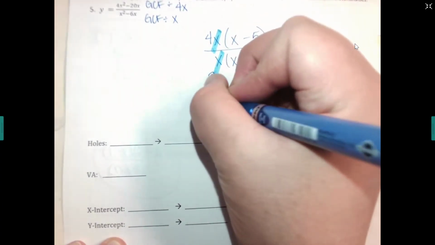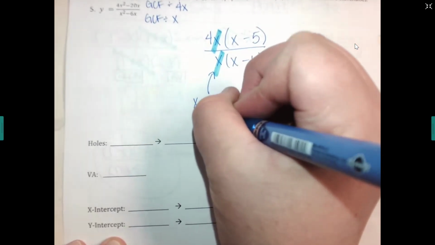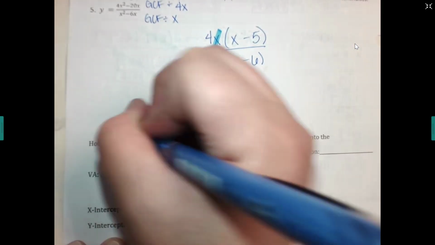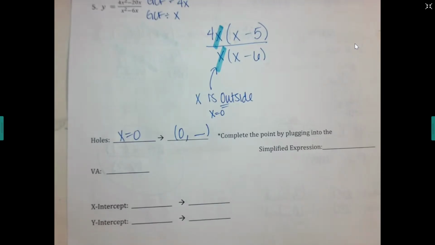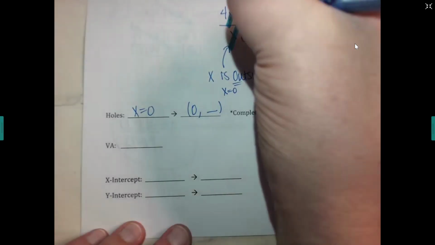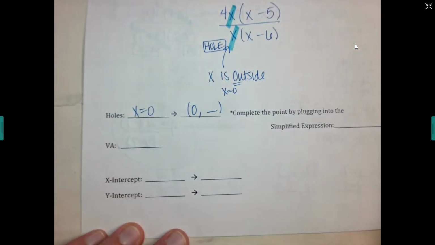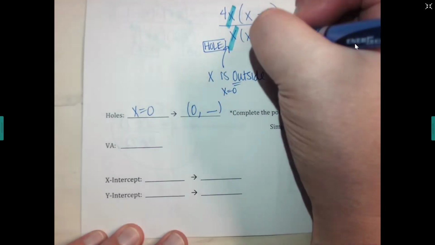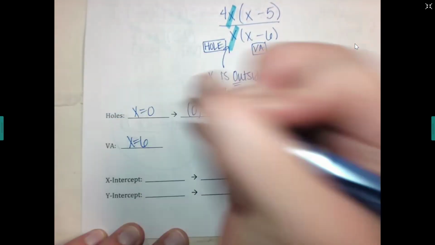Okay, x on the outside means x equals 0 for your hole. So it'd be 0 comma something. Okay, I'm looking for vertical asymptotes. Those come from x's on the bottom that do not cross out. So what x on the bottom did not cross out? Okay, then my vertical asymptote is going to be at x equals positive 6.